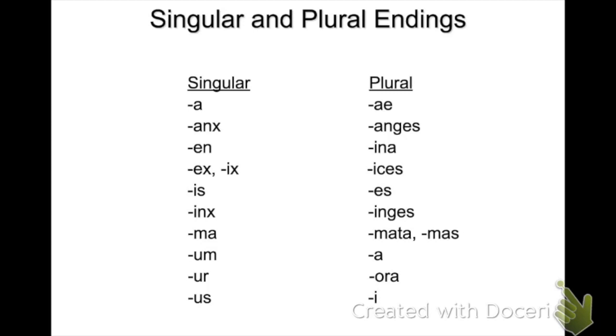For instance, if the word ends in US, the plural form will end in I. So for instance, a term that you are familiar with, rhinoceros, if we had a whole bunch of rhinoceros, it wouldn't be rhinoceroses, it would be rhinoceri. So that's the plural form of that term ending in an I.